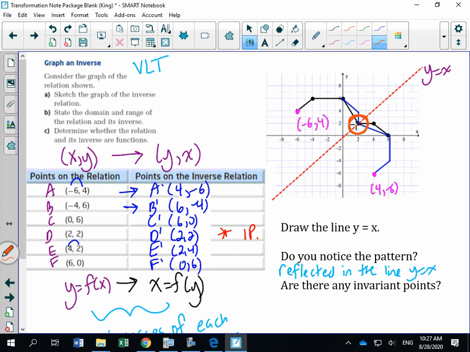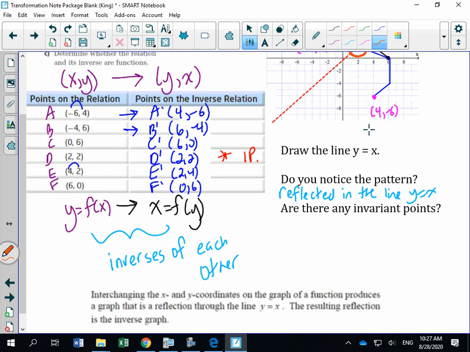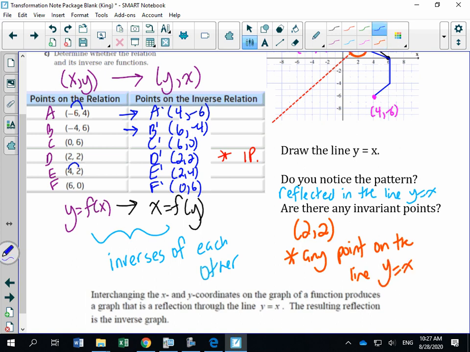I'll show you that with the next example. So 2, 2 was our invariant point, and star any point on the line y is equal to x, right? The reason is 2, 2 on the original is going to be 2, 2 on the reflected inverse.